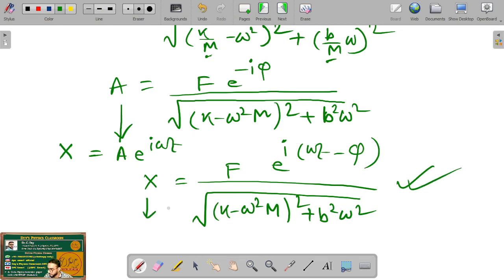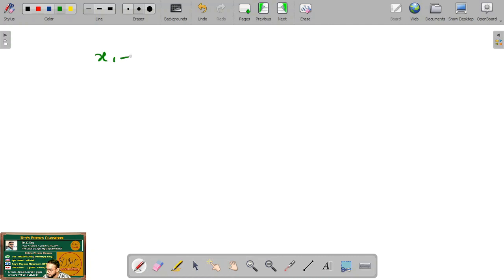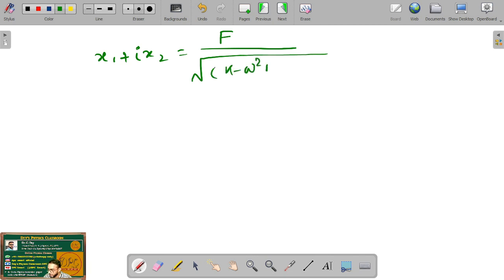Again we have to put the value capital X as x1 plus i x2 equals F divided by root under (k minus omega square m) whole square plus b square omega square, times e to the power i(omega t minus phi). Now we will expand e to the power i(omega t minus phi) in cosine and sine terms.